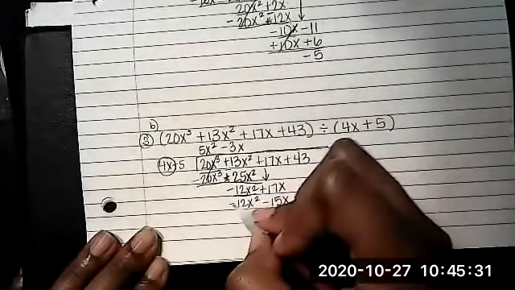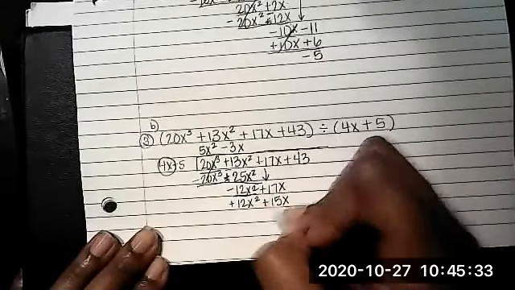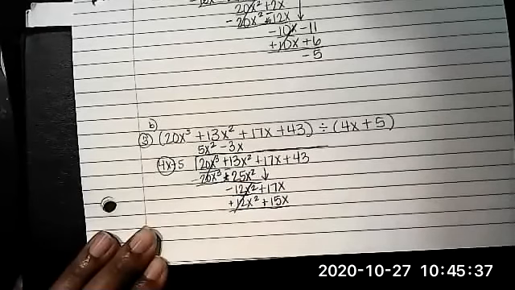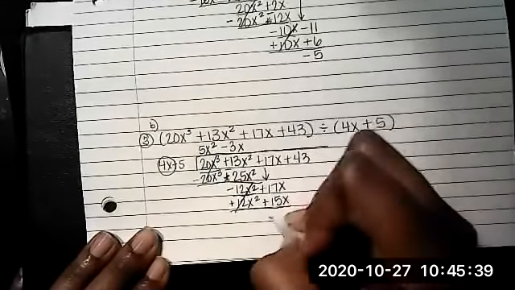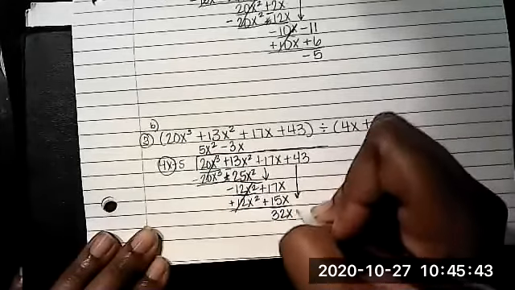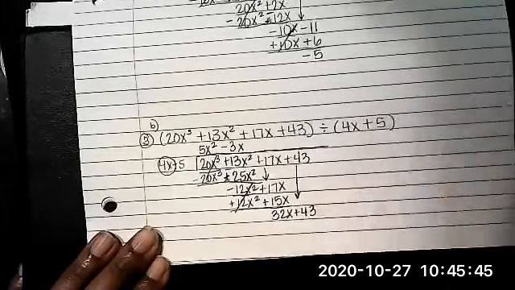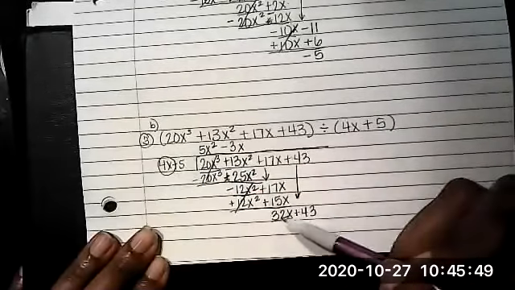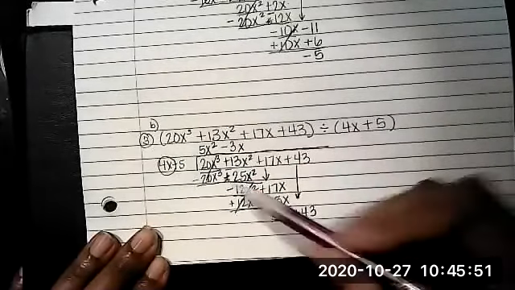Okay, change the sign, change the sign. That cancels out there, and it's going to give you 17 plus 15, which is 32x. Of course, we're bringing down this plus 43. Okay, what do you have to multiply by 4x now that'll give you 32x? Looks like maybe positive 8.